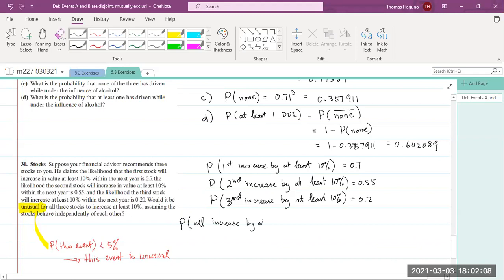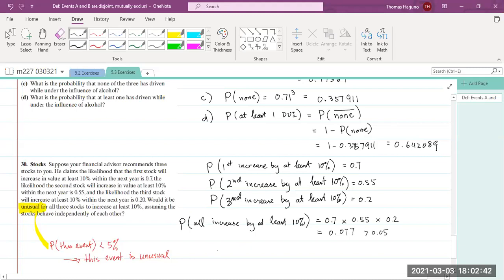by at least 10% in the next year. Because they're independent, it will be the probability the first one increased by 10% times the probability the second one increased by 10% times the probability that the third one increased by 10%. That will be 0.077. That's 7% something, which is more than 5%, right?